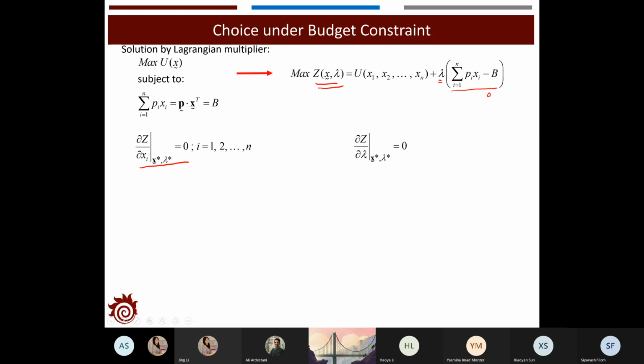And if you apply this equation back to these two optimization conditions, you will find out for the product i, you have partial u over partial xi plus lambda times pi equal to 0.